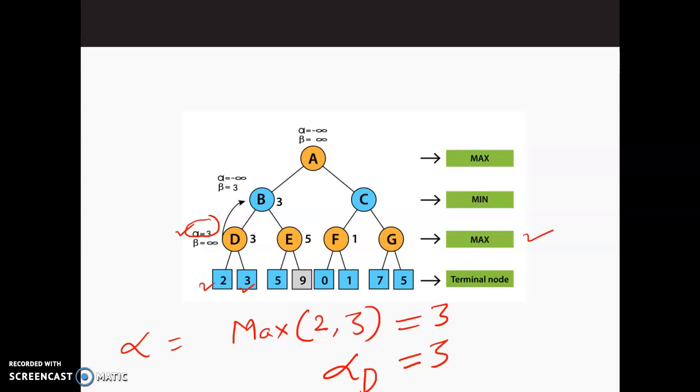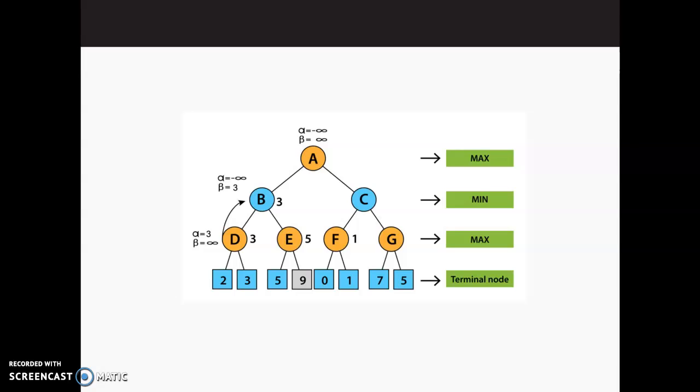Now after finding the value of alpha at this node, and the value of beta is plus infinite, we will move to node B. And what will happen at this node? We will find the minimum, because here the min player will take the turn. So what is the node value at D?